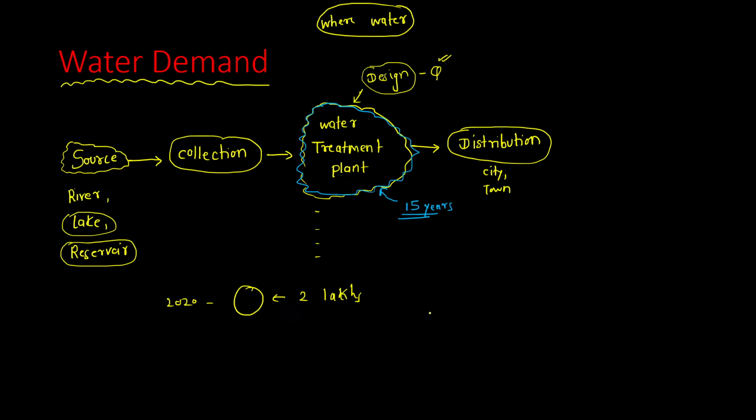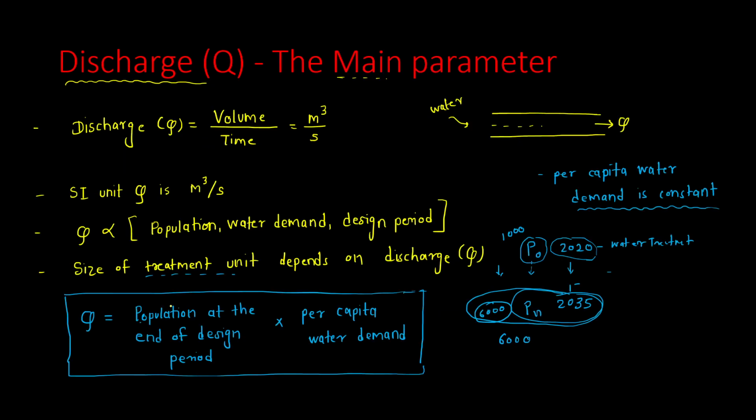So if we are making the water treatment plant right now, for the design of the water treatment plant, what is required? What is the main parameter? The Q value. What is Q? Q is discharge, and this discharge depends on the population. We have seen in the formula Q is equal to population into per capita water demand.